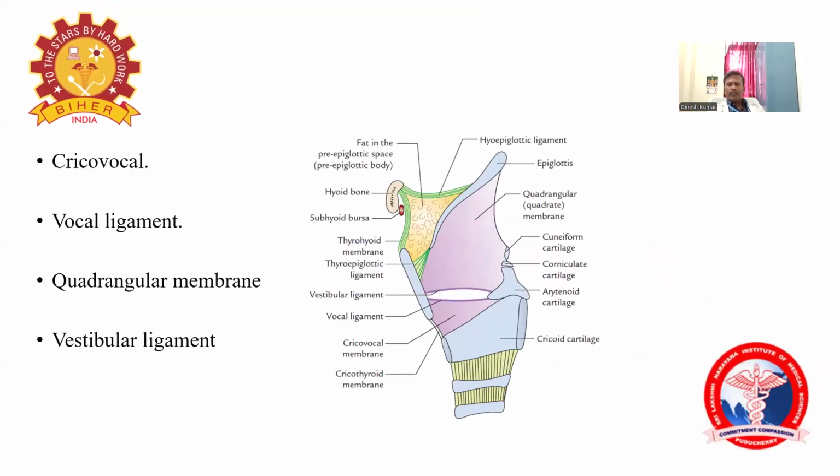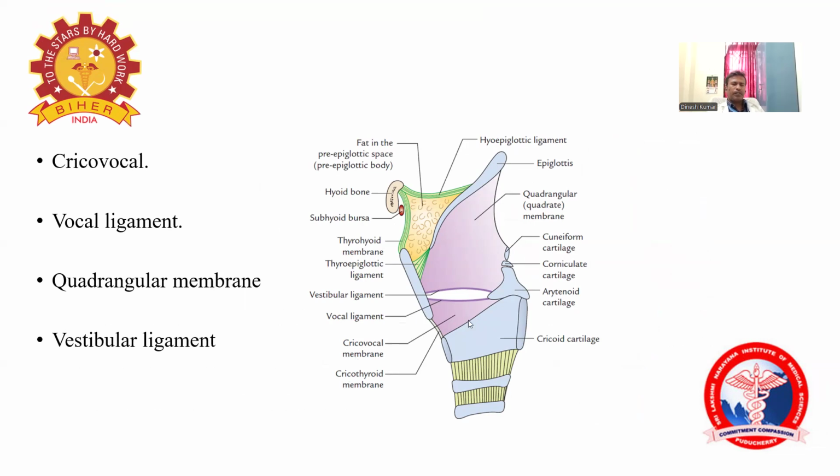Next, you see here the main areas of the cricovocal membrane, vocal ligaments, quadrangular membranes, and the vestibular ligaments. In the image, first we'll discuss the cricovocal membrane.